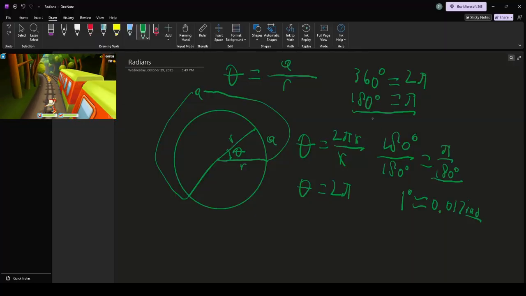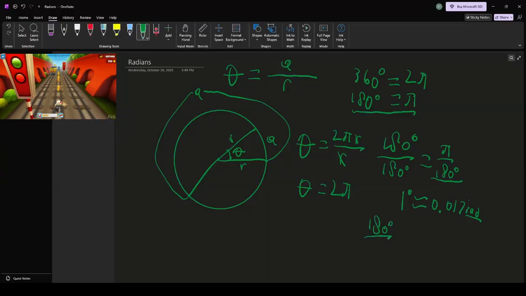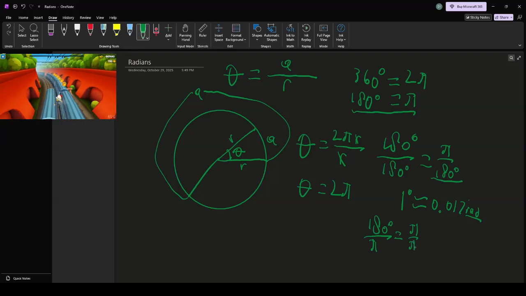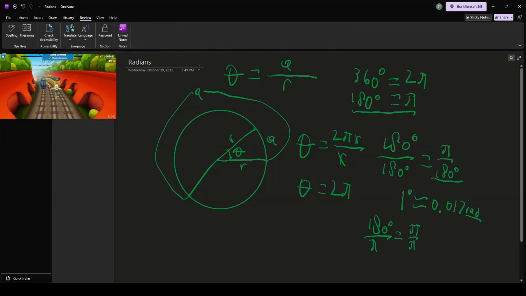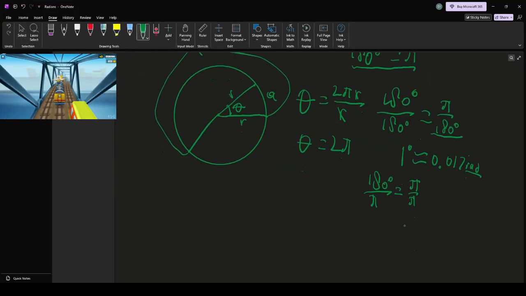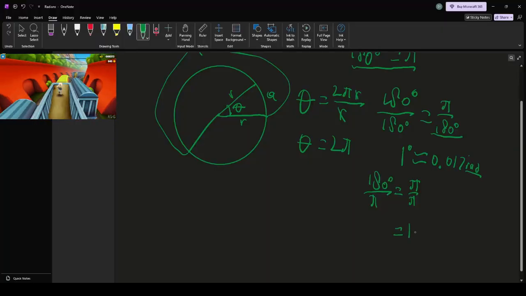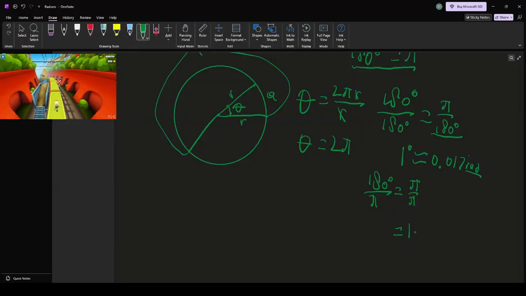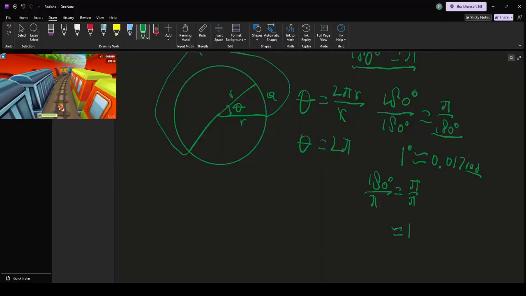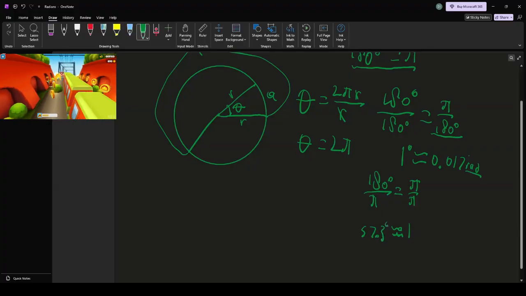Likewise, if we take this and divide both sides by pi, this now cancels out, and we essentially get 1 radian equals 57.3 degrees.